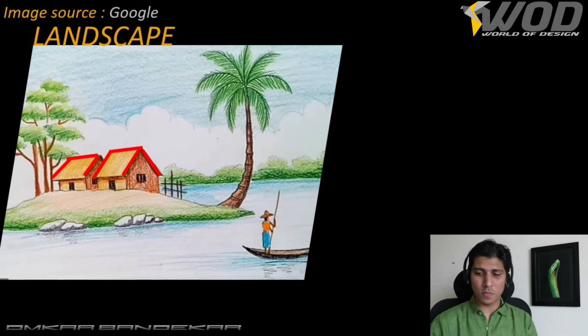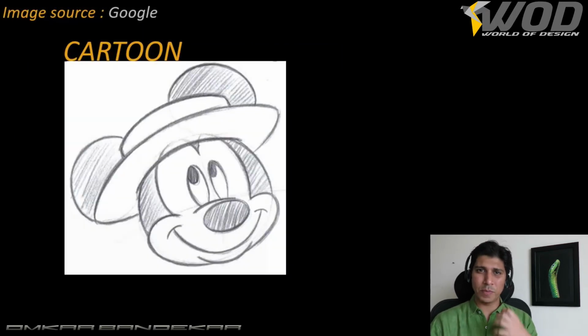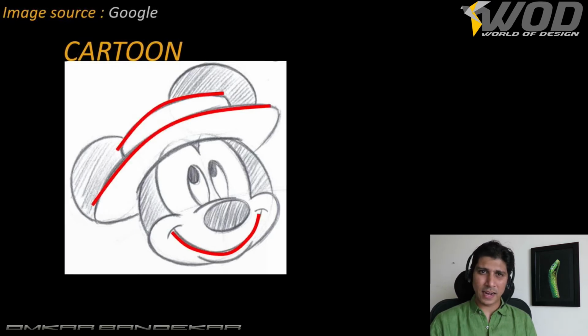Same way, now just observe this beautiful picture of Mickey Mouse. Just observe the hat of that Mickey Mouse, the smile of that Mickey Mouse. It is made up of strokes, right? So same way, every type of drawing is made up of strokes.